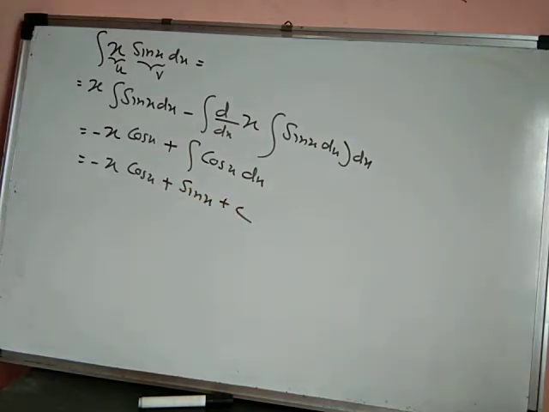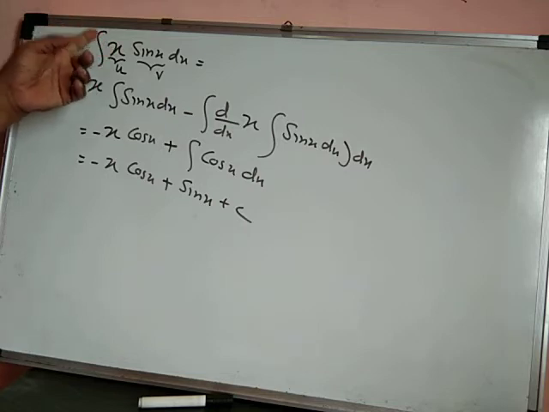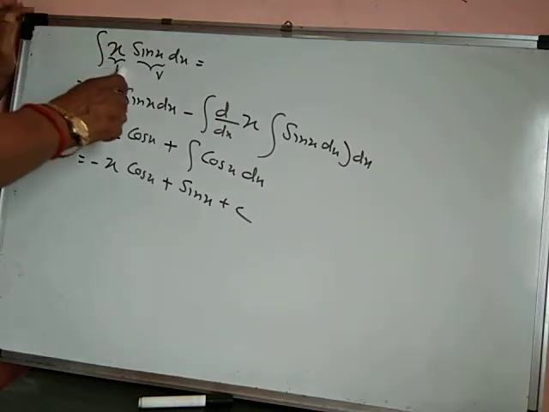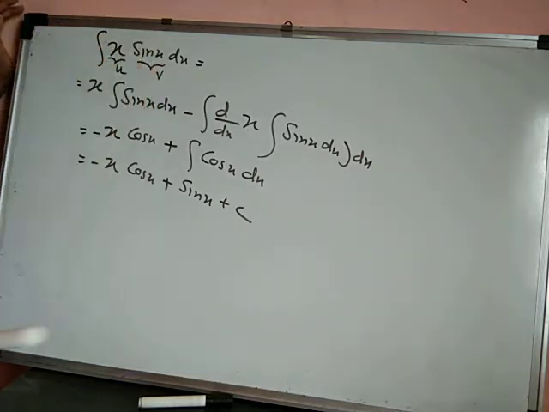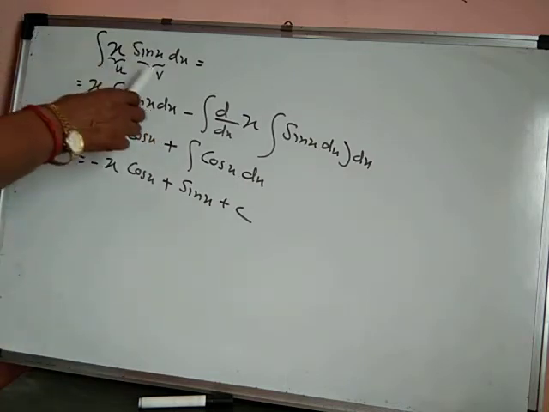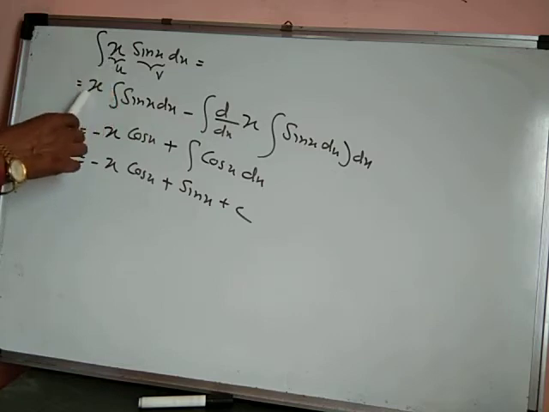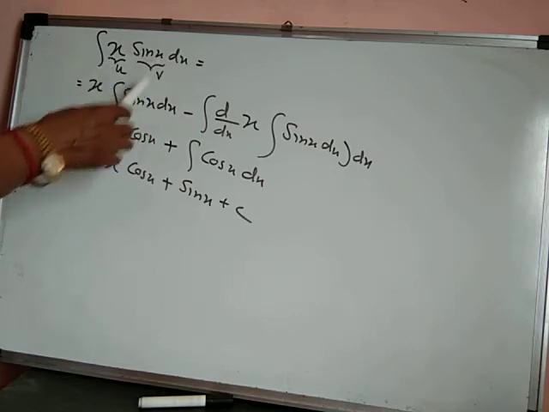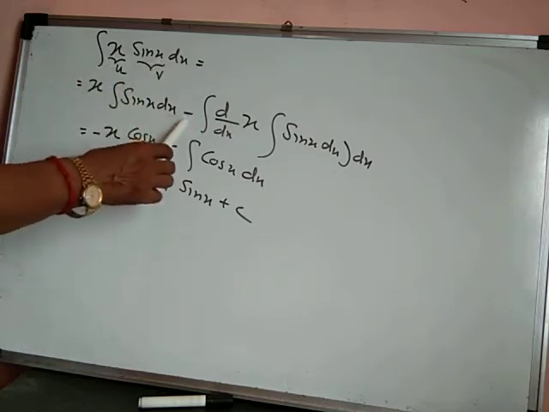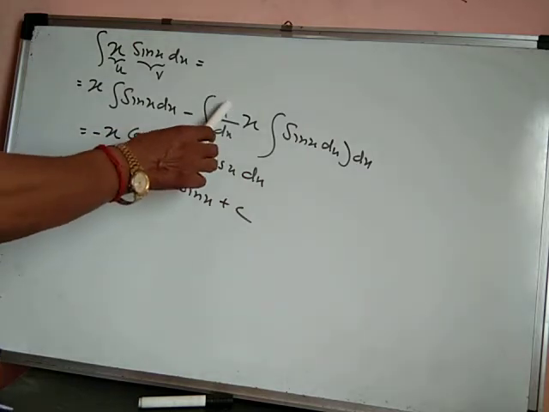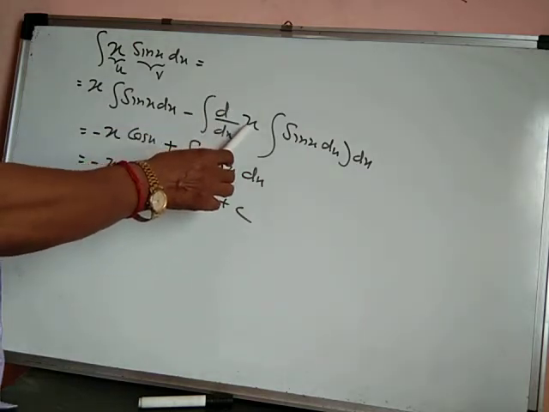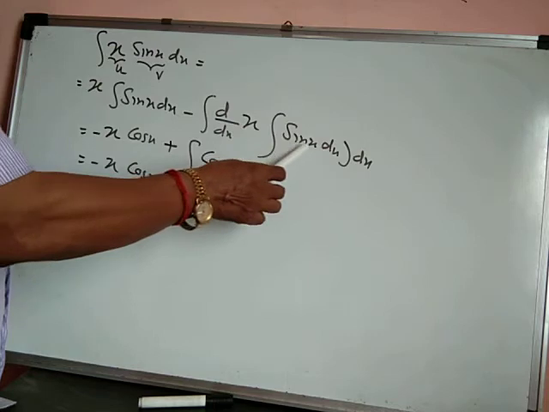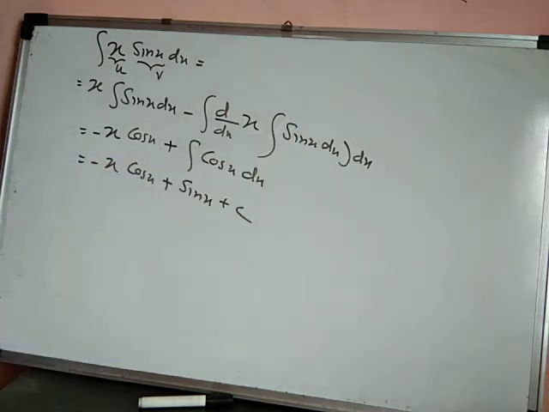So listen again, x is an algebraic function, so I have taken it as u. Sin is a trigonometric function, so I have taken it as v. Then using the uv rule, u into integration of v, sin x dx, minus integration of d by dx of u, that is x, into integration of sin x dx, the whole into dx.